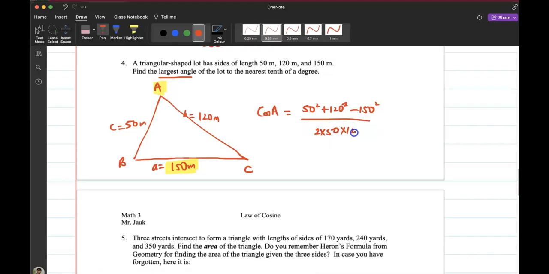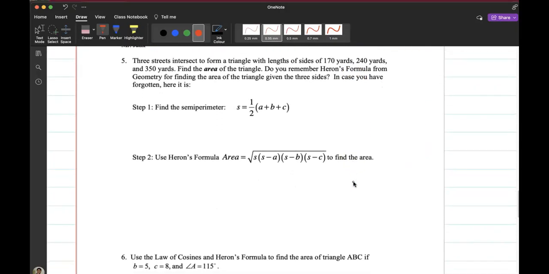And then you do cos inverse of that. So your A will be cos inverse. When you're typing it, you can find the cos inverse. Correct? Yeah. 117.8 degrees. So that's your one. Fine? Yeah.